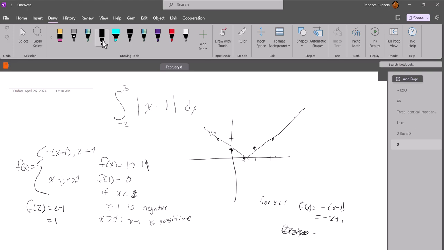So if I want to evaluate the integral from negative 2 to 3, let me find out what the values of the function are at those points. So f of negative 2 is negative 2 minus 1, absolute value, or positive 3.